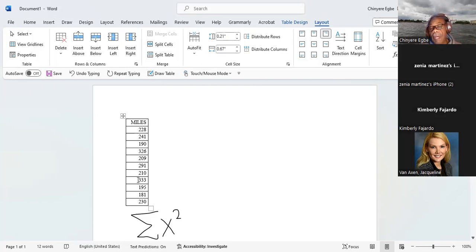And there are 10 passengers here. And so we ask ourselves, what is the average number of miles? That is the first step in the calculation of standard deviation.